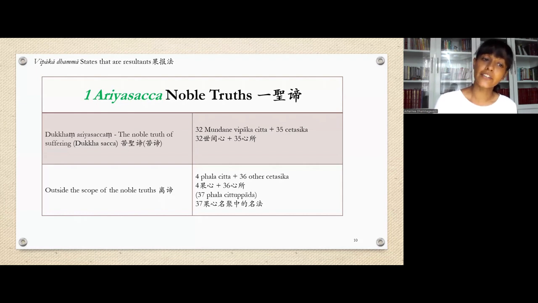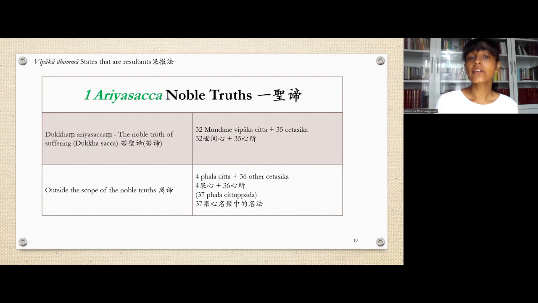They are mental aggregates. Likewise, the fruit, Vipākadhamma, are also mental aggregates, and what they share in common is that they have an object. They have a mental object. So that is what they share. So the seed is likened to the fruit. But what about the kammaja rupa?